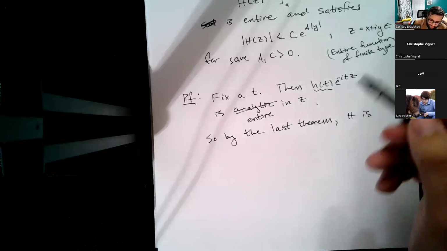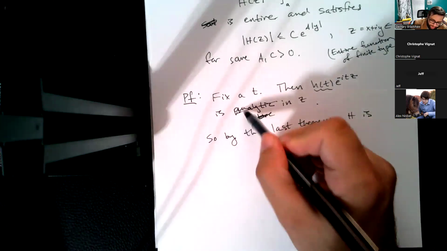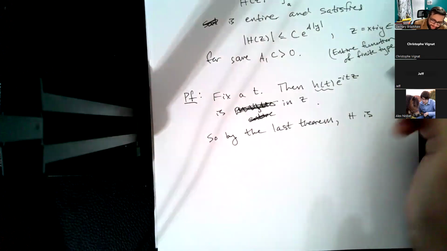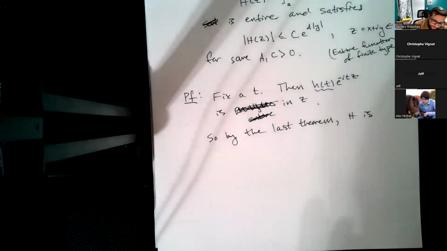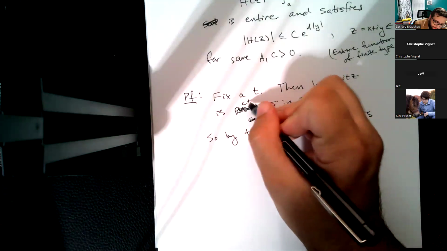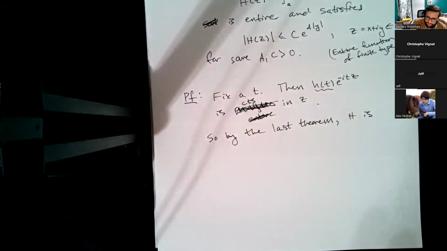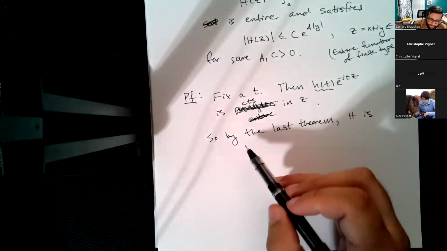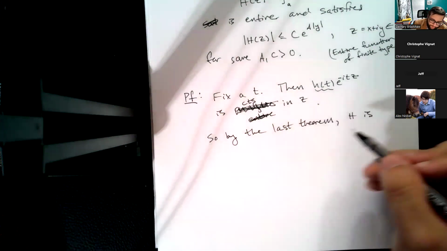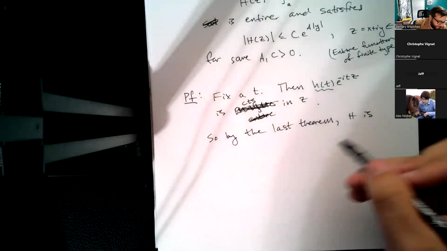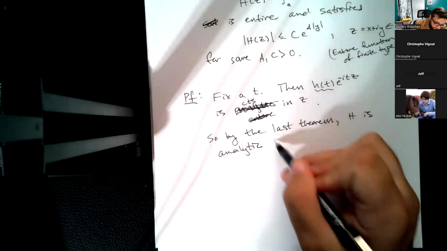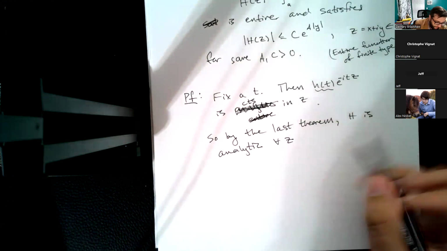I see. Okay, sorry, I messed up in my notes. I had not yet said that the exponential was entire, but it definitely is continuous in z. And then we can conclude that it's entire by the last theorem. So by the last theorem, capital H is analytic for all z.